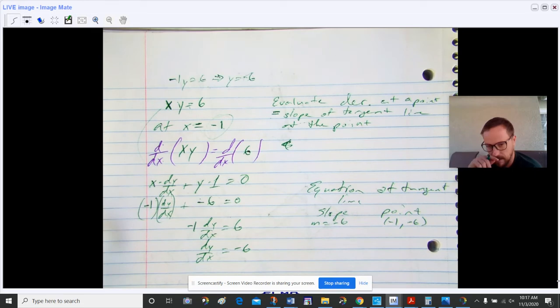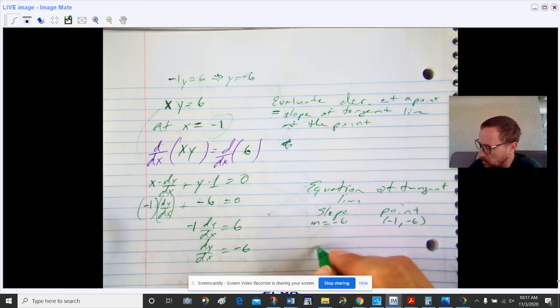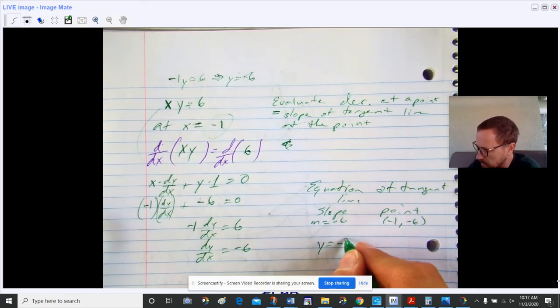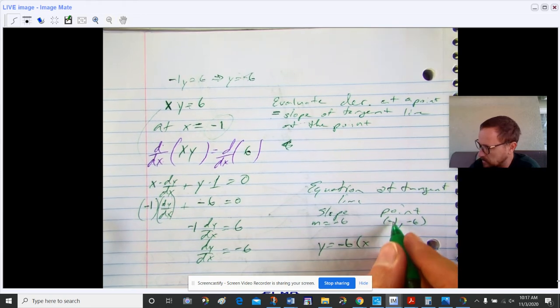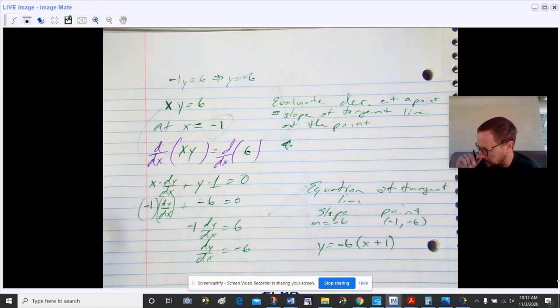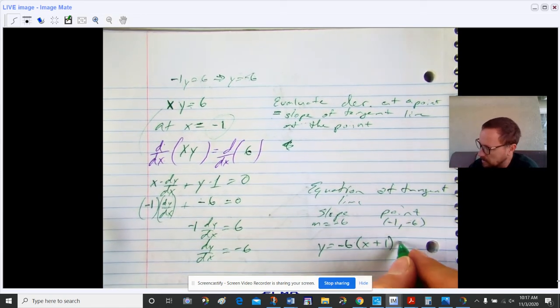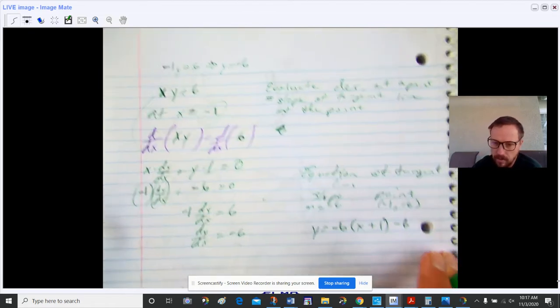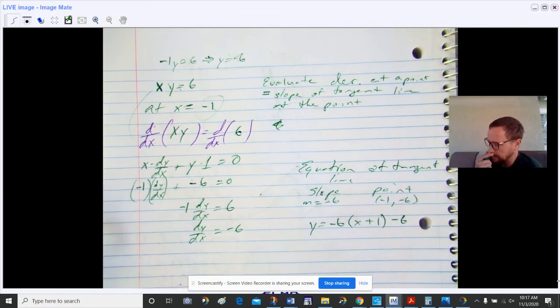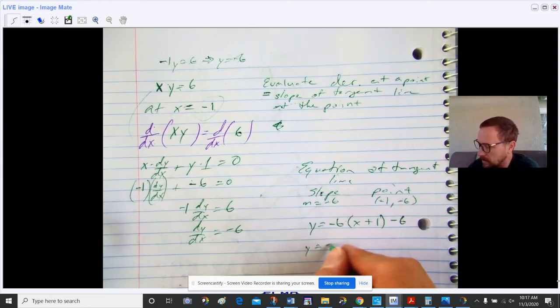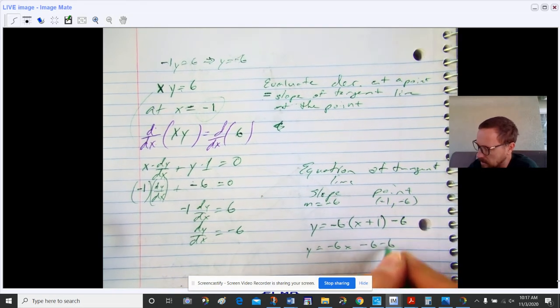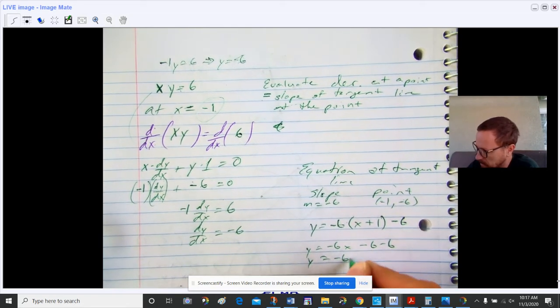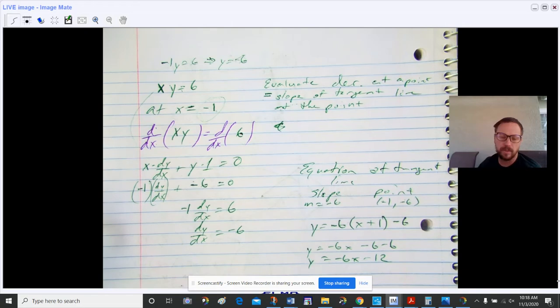So we take those things together and we end up with y minus y1 equals slope times x minus x1, or plus 1 in this case. This ends up being our equation. Or, of course, if you want to distribute, then you have -6x minus 6 minus 6, or y equals -6x minus 12. And so you get the equation of your tangent line.